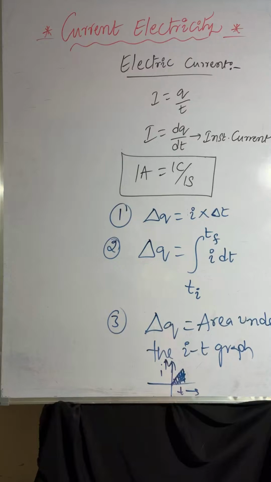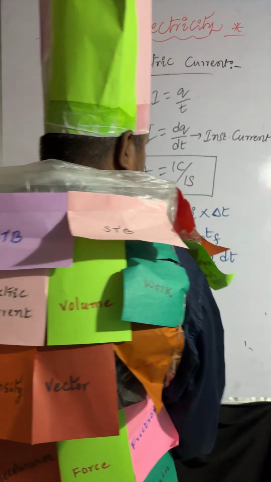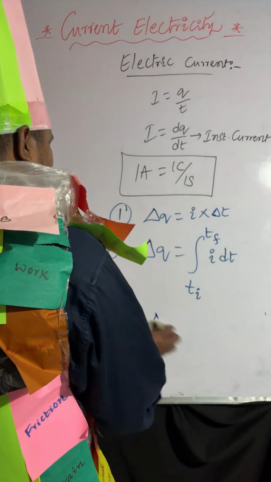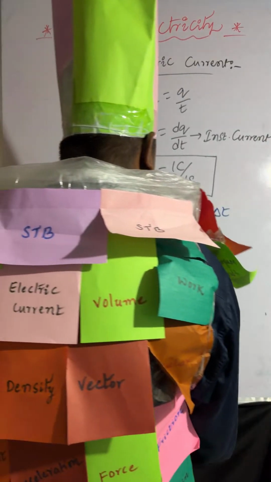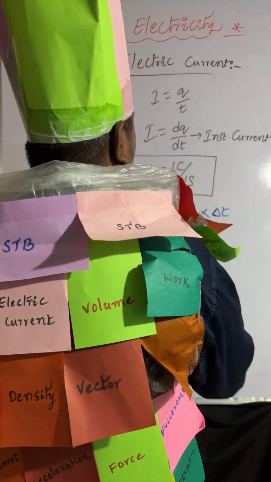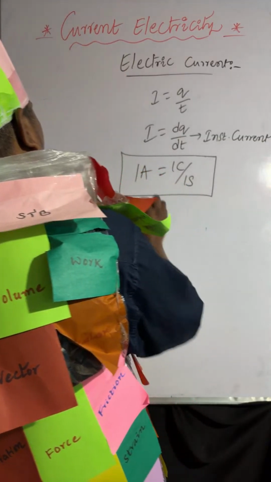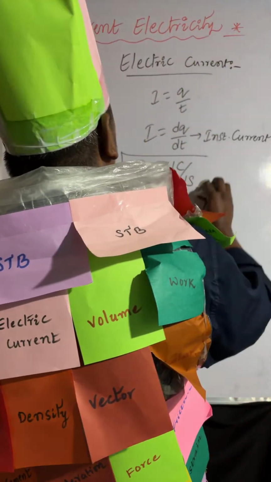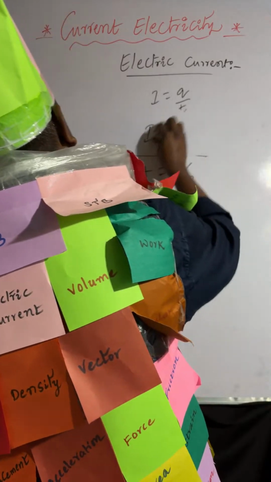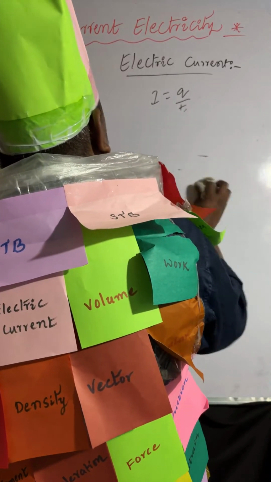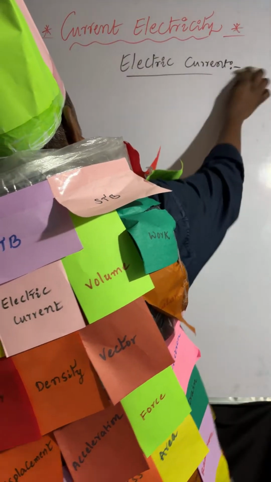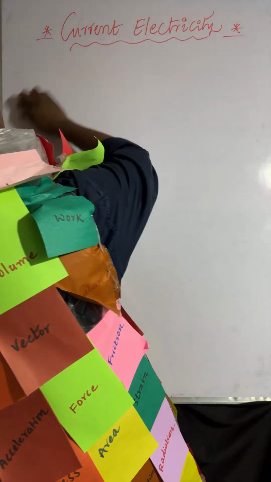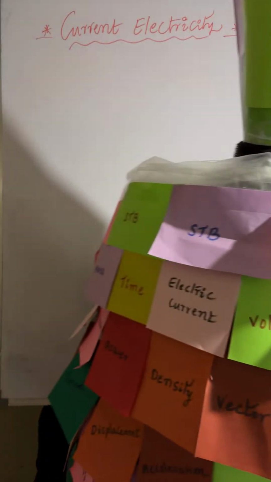Now we'll discuss how current can be divided based on magnitude and direction.